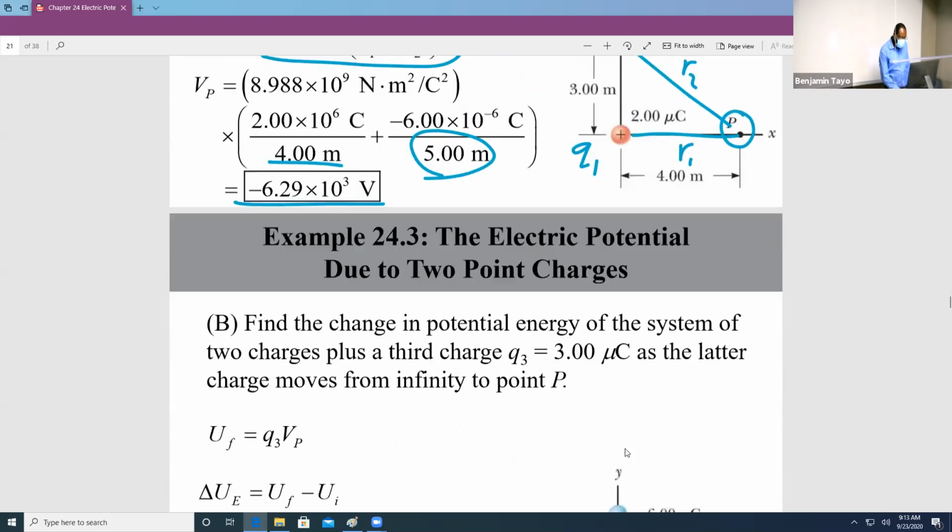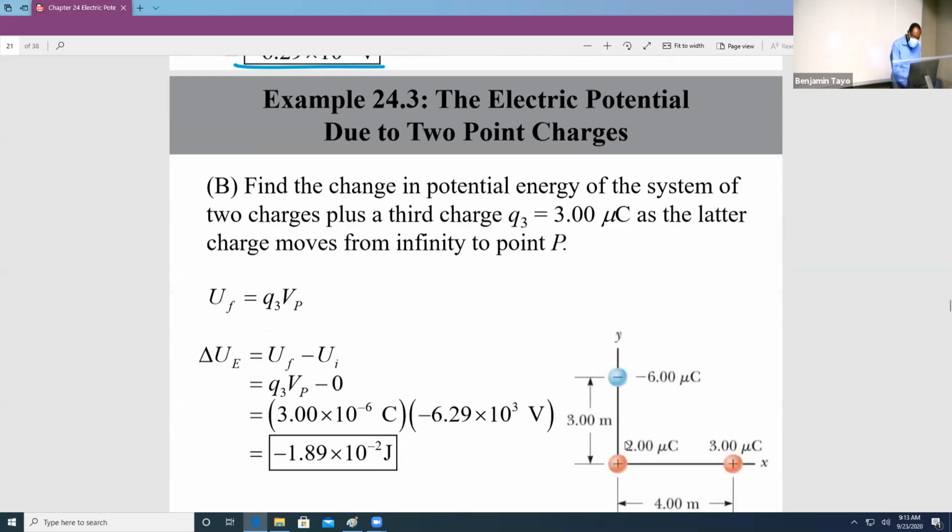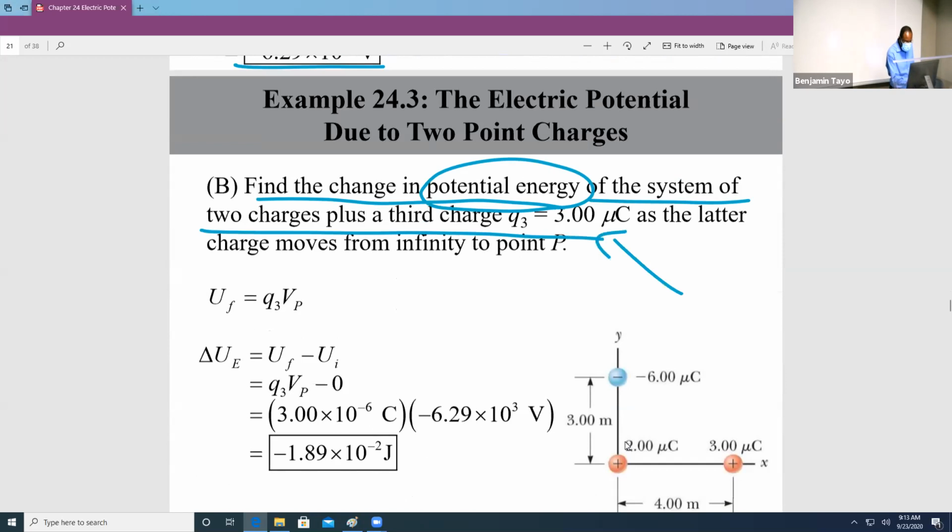Now let's look at part B. So part B says to find the change in potential energy. So now I want to calculate potential energy of the system once you introduce this test charge. So in this case here, it's just going to be your Q3 times the potential at that point.